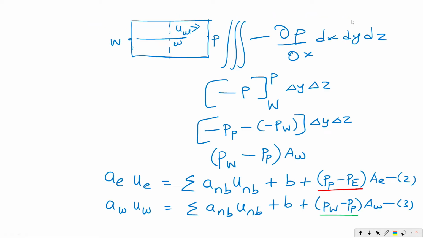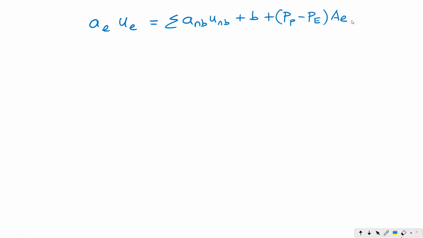Those are AE UE equal to sigma ANB UNB plus B plus PP minus PE of area AE. So we can see equation number 2. Coming over now to the north control volume.